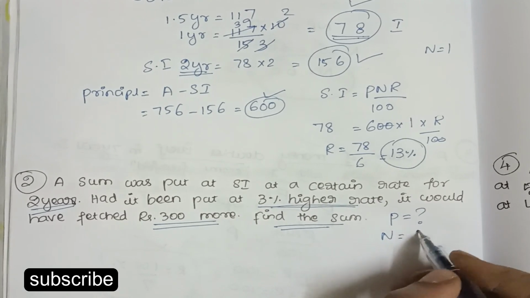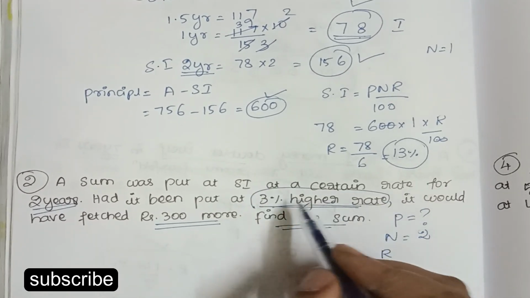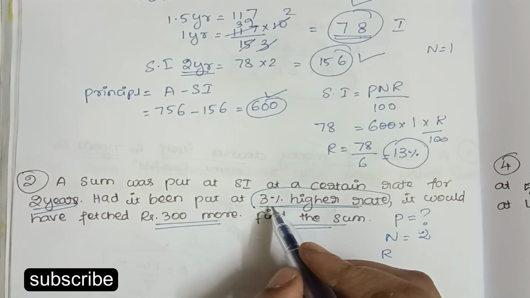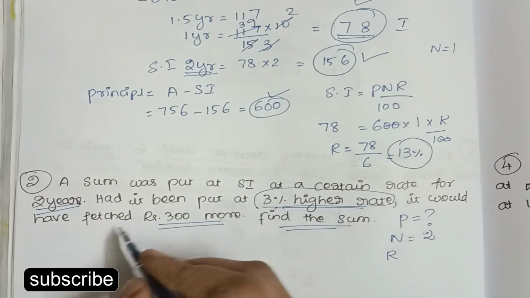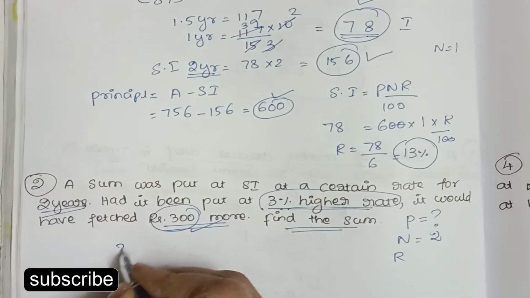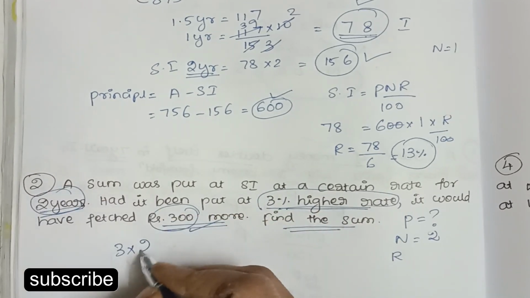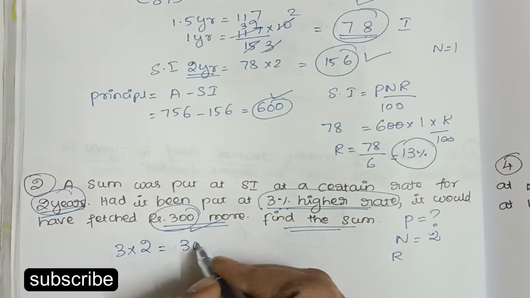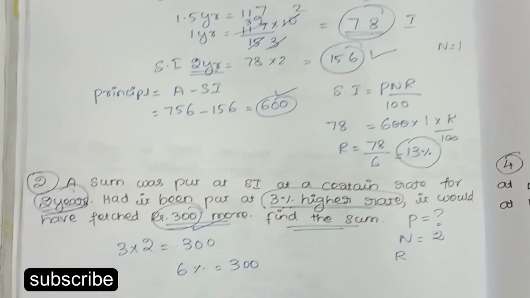The number of years is 2, and the rate of interest is the tricky part. What is given is 3%. If at a 3% higher rate it would fetch rupees 300 more, then 3% into 2 years gives 300 rupees more. That is, 6% is equal to 300.